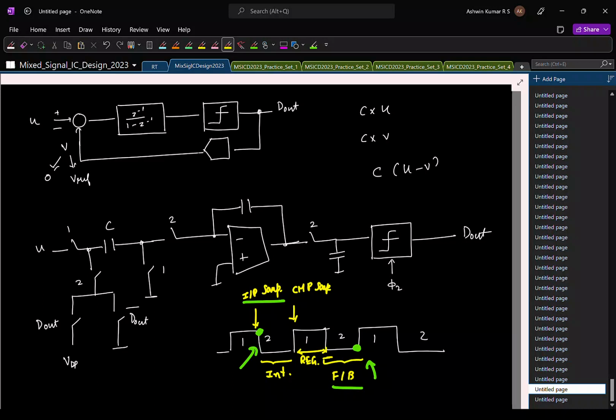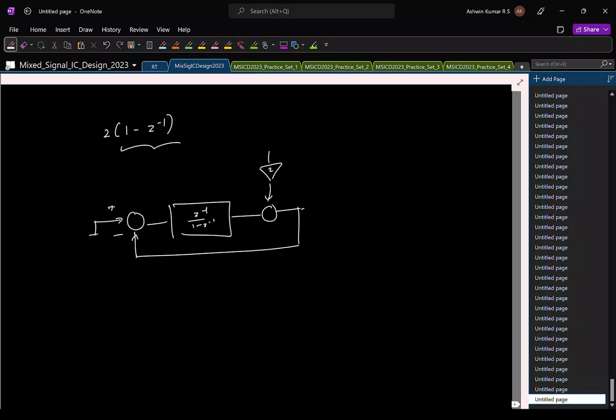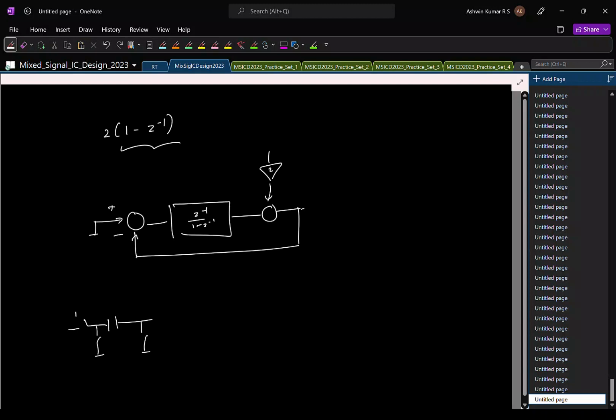In that question I had different capacitors, that is, I had one capacitor for the input sampling, and I had another capacitor for the integrator, I mean for the feedback.